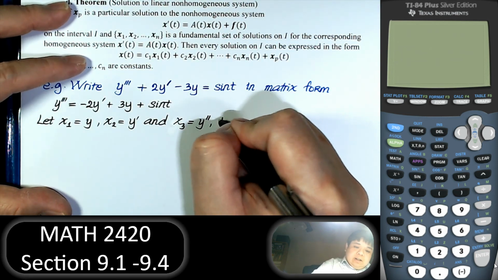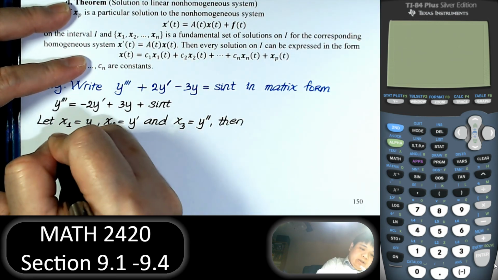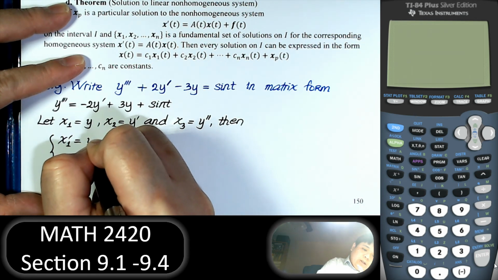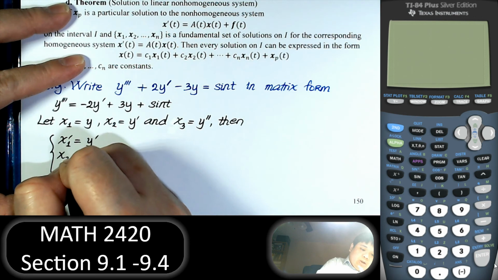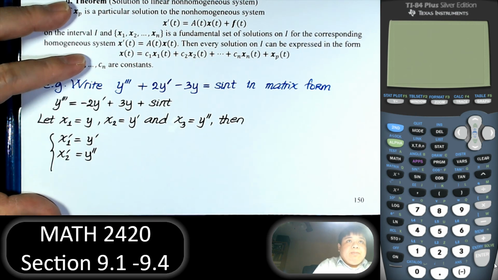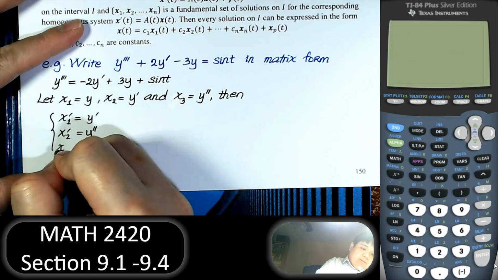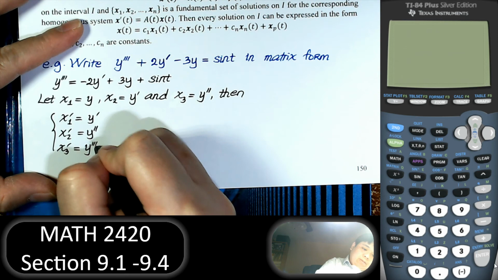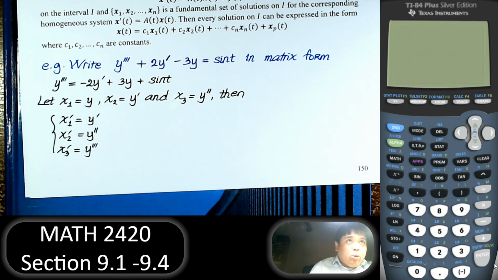Right. Then we can take the derivative of each of them. x1 prime is y prime, x2 prime is y double prime, and x3 prime is y triple prime. Now we'll rewrite.